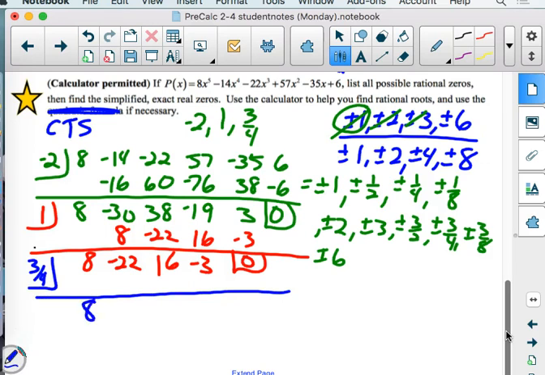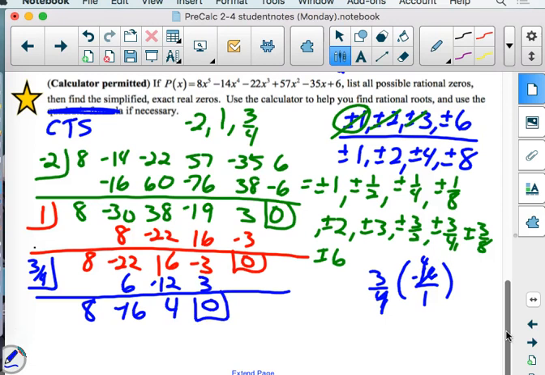You bring down the 8, and you say, okay, 3/4 of 8, that's going to be 6. And I have -22 plus 6, which is -16. And if you have to, you come out to the side and you go, okay, 3/4, -16 over a 1. Oh, look, that's a 1 and that's a 4, that's -12. So don't feel like you have to do that in your noggin if fractions bug you. 16 minus 12 is 4, then 3/4 times 4 is, of course, 3. And that gives us our 0.